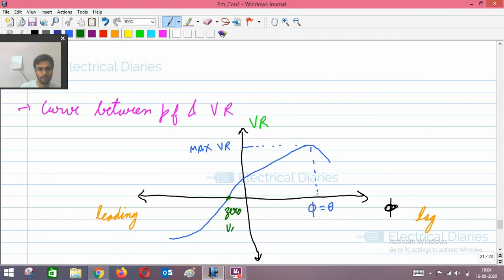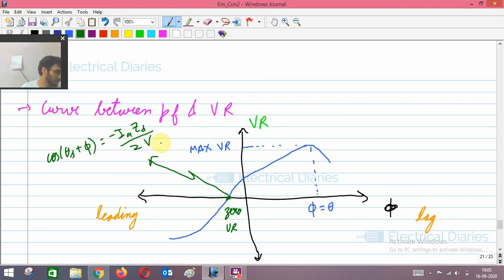Voltage regulation at this point is zero, and at this point cos of theta s plus phi will be equal to minus Ia Zs by 2V. This V is your Vt only.